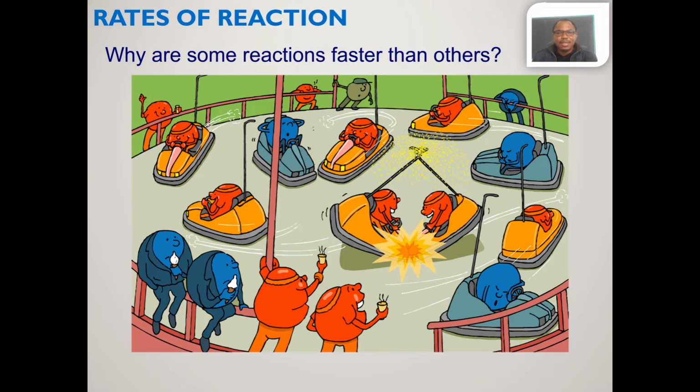Blue characters represent particles that have a small amount of kinetic energy and are therefore unlikely to react. The red characters have a large amount of kinetic energy, and collision between two of them represents a large amount of energy released during a reaction.